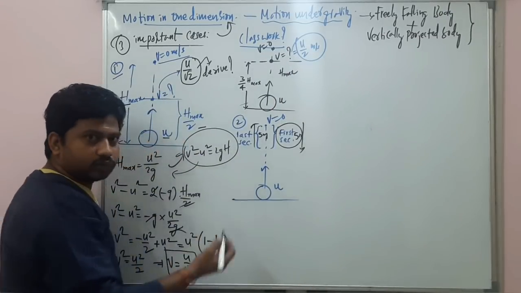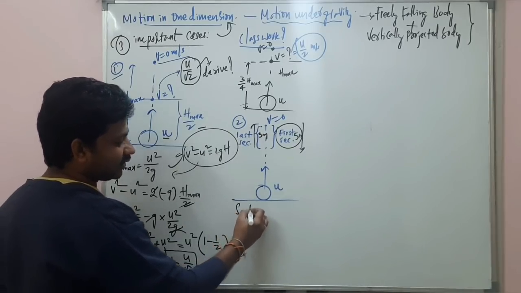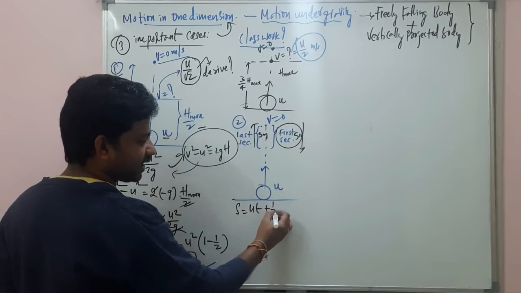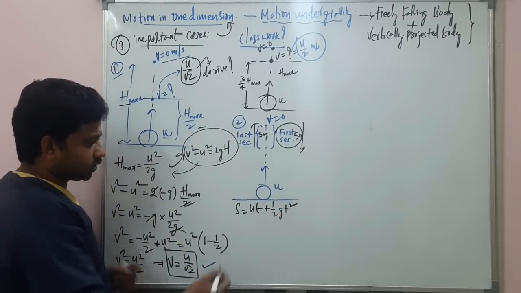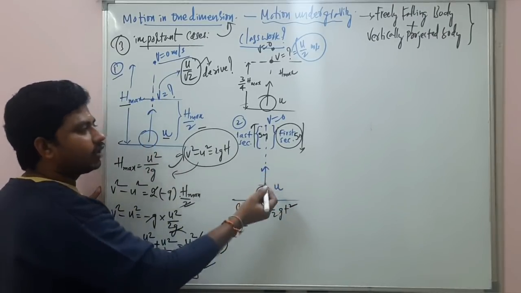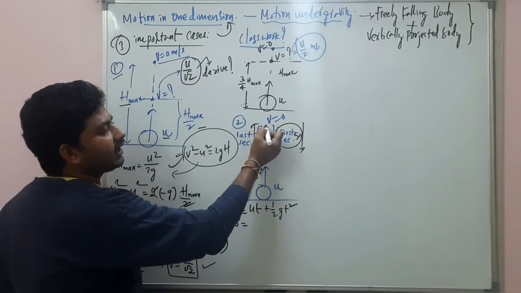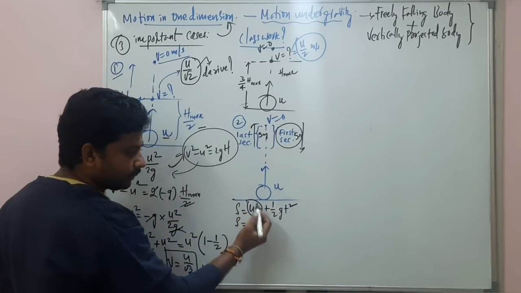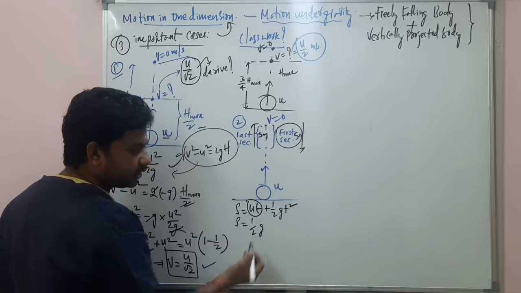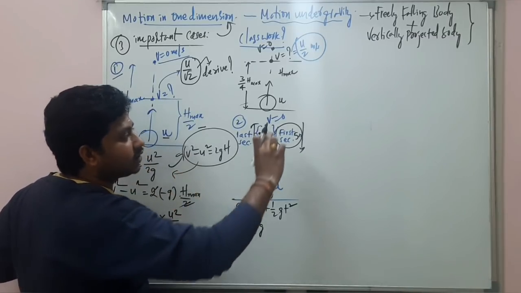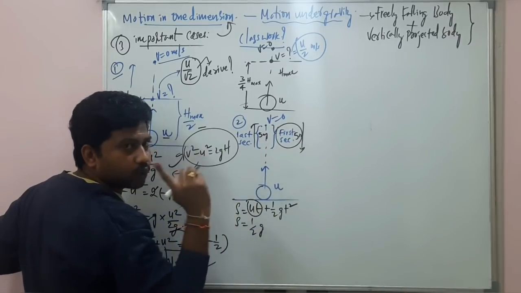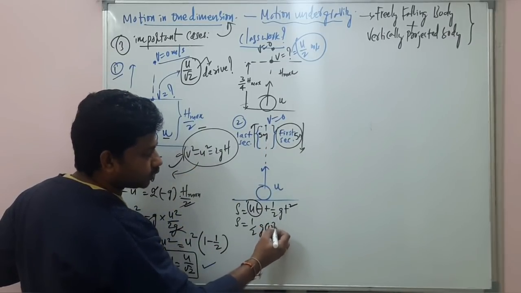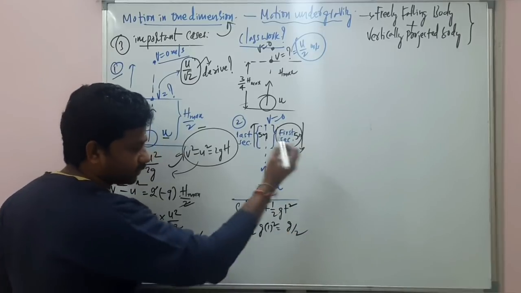So we have the formula for distance traveled, S is equal to ut plus half gt square, where g is positive only in the downward motion. So S is equal to, in a downward motion the initial velocity of the body is 0, half into g into, in first second, right? In first second, from here to here, time taken is 1 second. So it's 1 square. So your answer is g by 2.